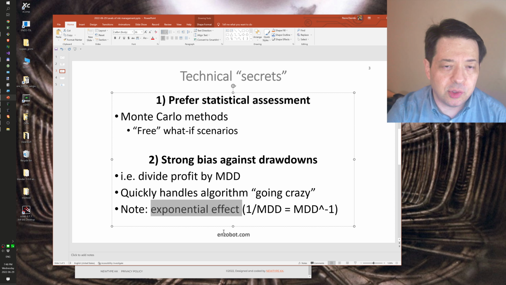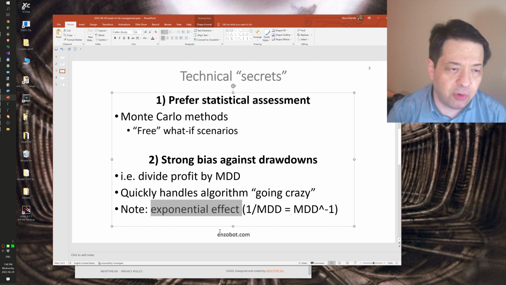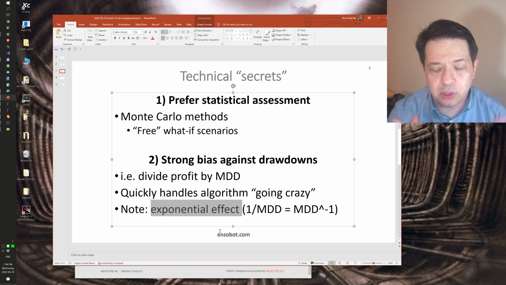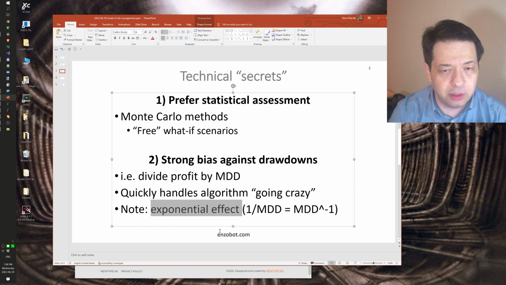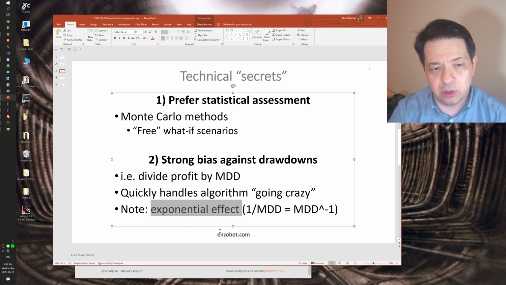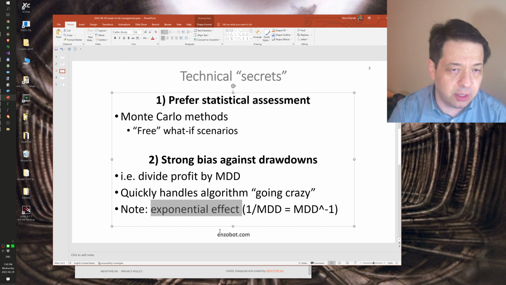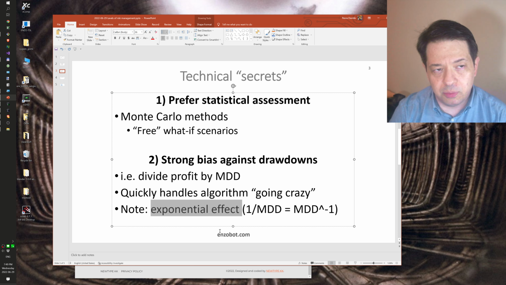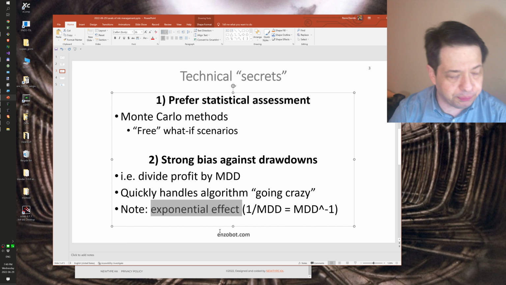And it means that you can look back for your portfolio management for quite a long stretch of time, and then if there's a localized recent maximum drawdown, then the division will have a strong bias against it. And if you use it properly, then your allocation for that asset, for that algorithm, for whatever you're doing, is going to be quickly diminished, and you're going to get quickly out of trouble.